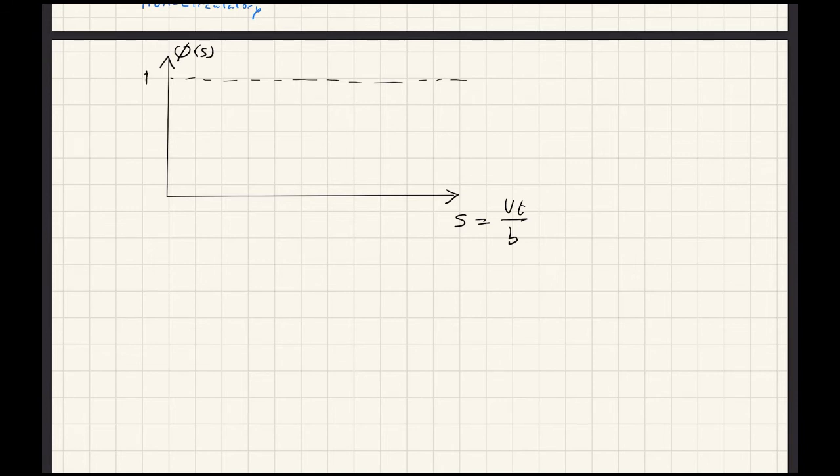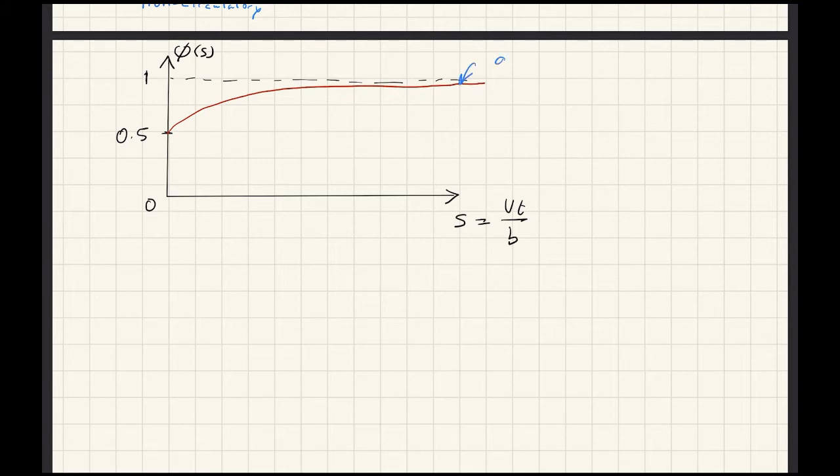This function looks something like this. It starts at 0.5 and then slowly, as time increases, asymptotes to 1.